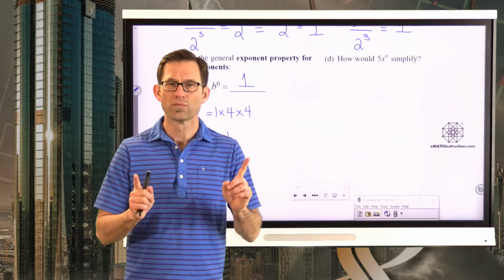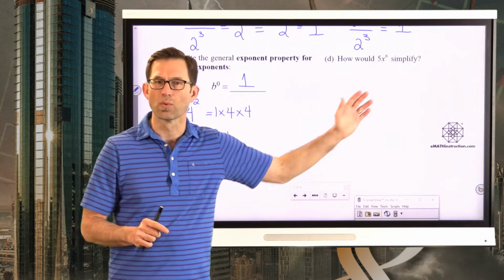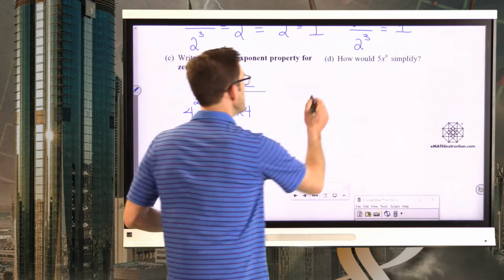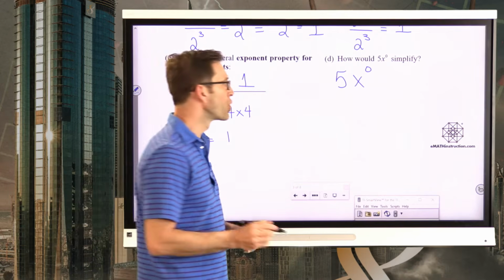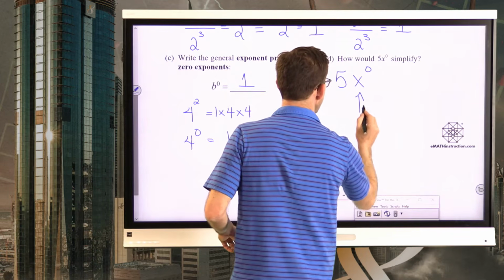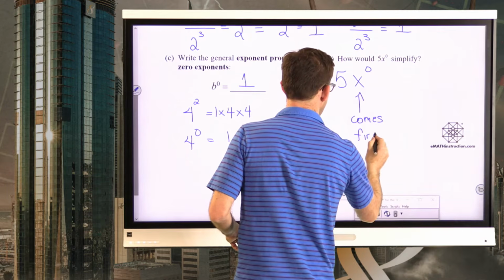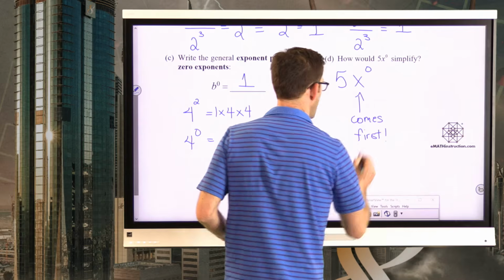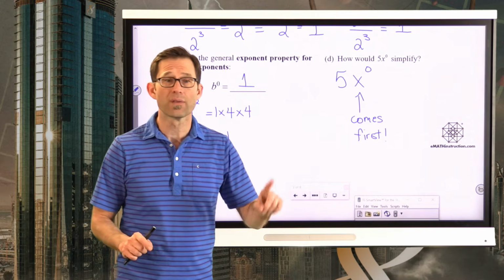Well, remember that with exponents and multiplication, which we've got both going on here, this is 5 times x to the 0, the exponents come first. So the answer to this problem isn't the number 1.